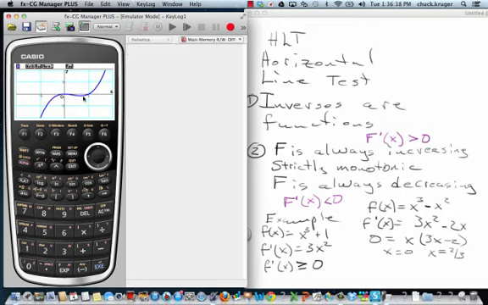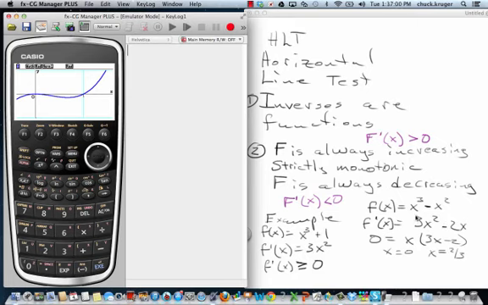So if I zoom in here and draw a horizontal line within that interval, I'm not going to pass the horizontal line test.